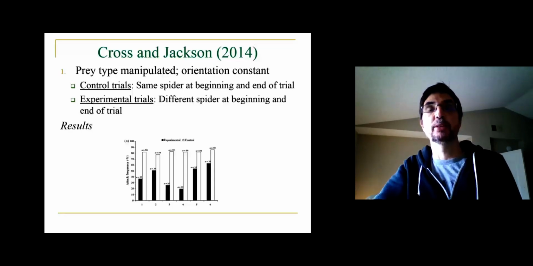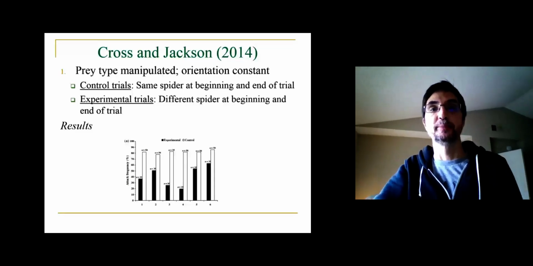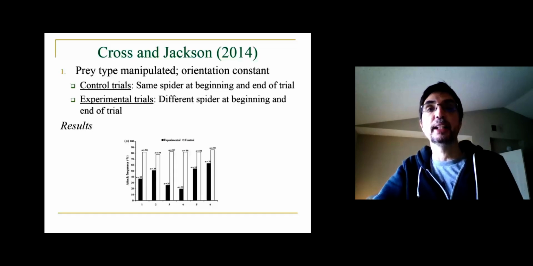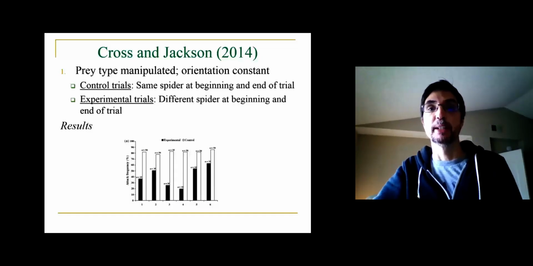In the experimental trials, the spiders were different at the beginning and at the end of the trial. And what we can see is that the likelihood of Portia attacking the prey was overwhelmingly higher when it was the same spider presented at the beginning of the trial and when it reappears. When it was a different spider, they were much less likely to attack when the spider reappears.